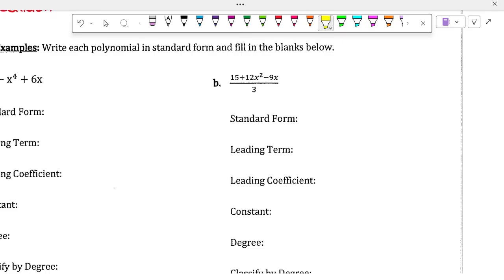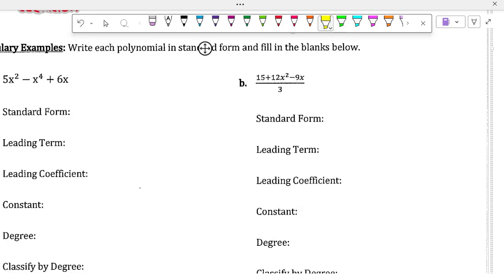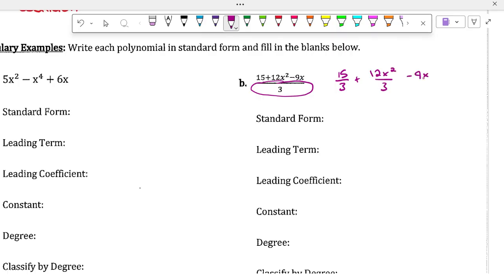So before we do that, first off, can I do some simplification before I even do that? What would I do? Divide all the terms by 3. So technically I can split apart this fraction as 15 over 3 plus 12x squared over 3 minus 9x over 3.